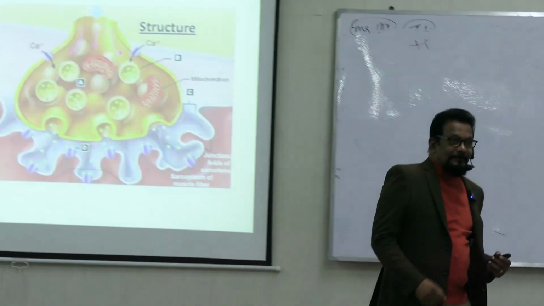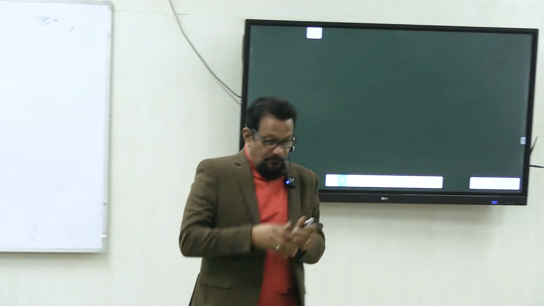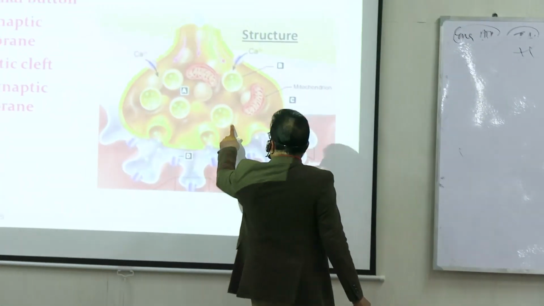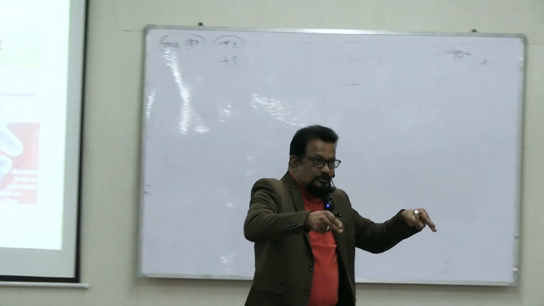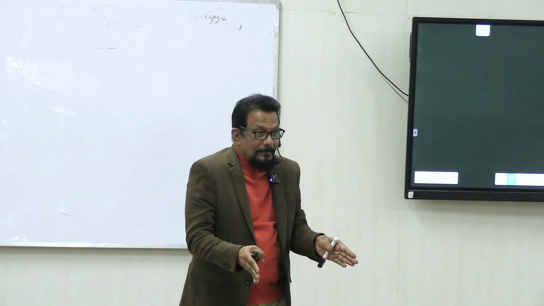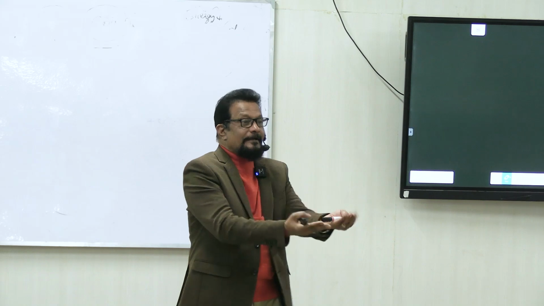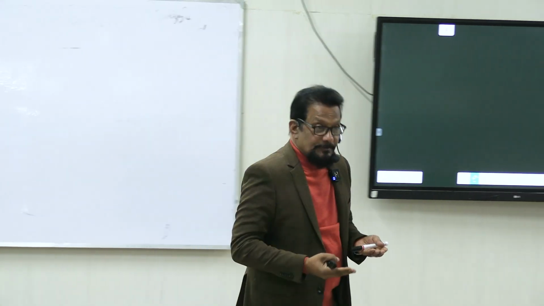After docking, there will be fusion of the vesicle membrane with the presynaptic membrane. When they are fused, the fused part will go apart. Now the vesicle is open and the content will come out. This is called exocytosis.